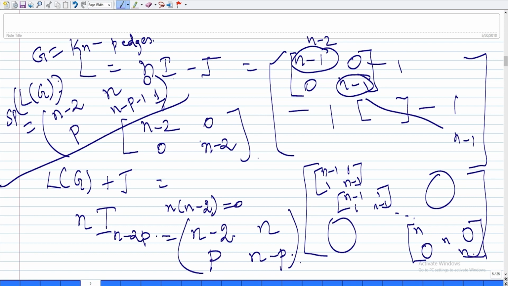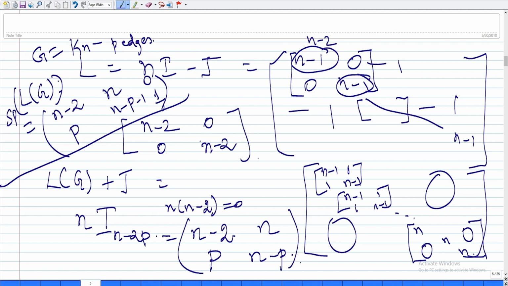So, you can just work it out, you can see that the spectrum of this L of G is this, okay, n minus 2 as an eigenvalue will appear p times, because we have removed the p edges, so that impact will be there, and for the remaining edges it would be n, the n will remain as it is, right, because Kn had n as an eigenvalue n minus 1 times, right. As I remove an edge, the impact is seen in the eigenvalue here, okay.